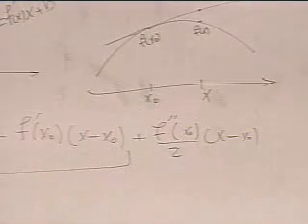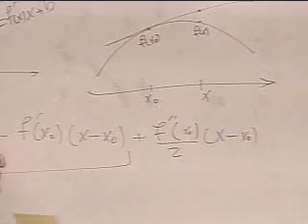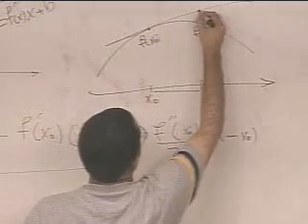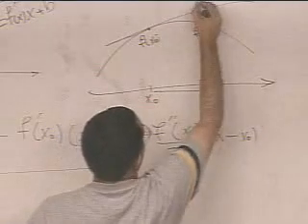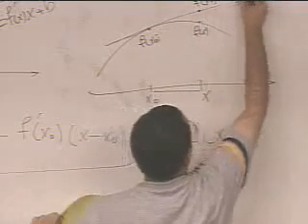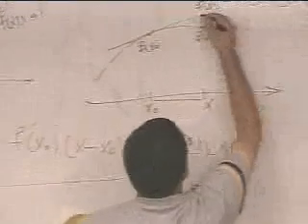So I get f of x0 plus f prime of x0, which is the slope, multiplied by the difference between these two sides. Basically, the point on this line has value f of x0 plus f prime of x0 times x minus x0. So this point is an approximation for this one.